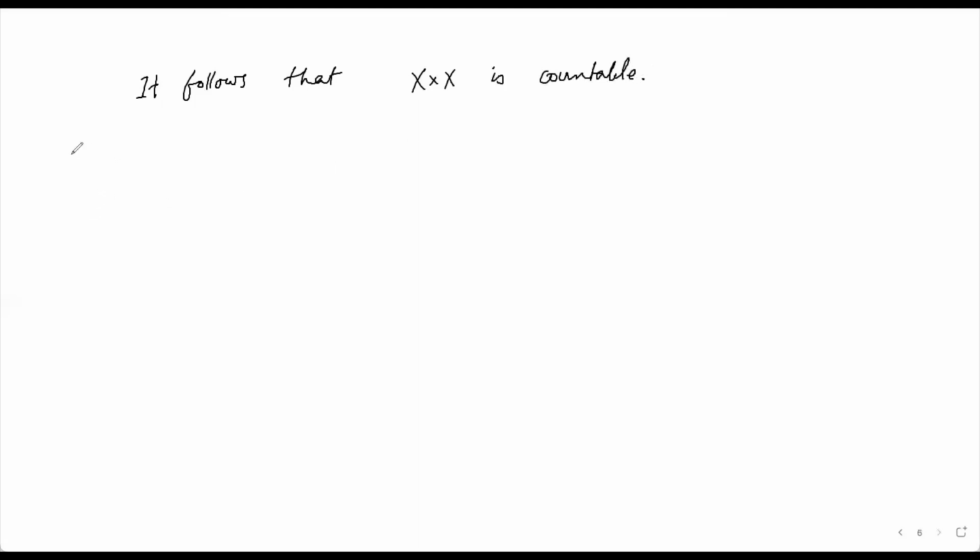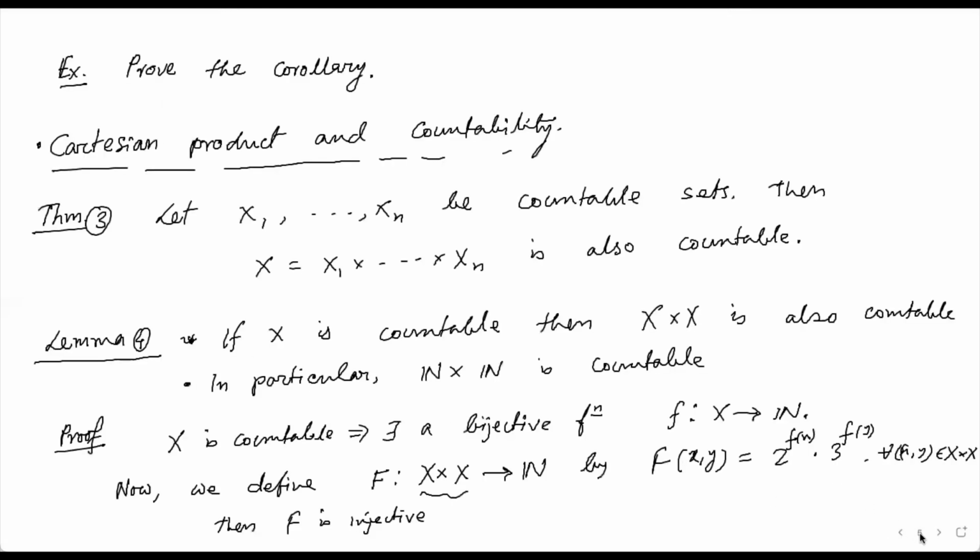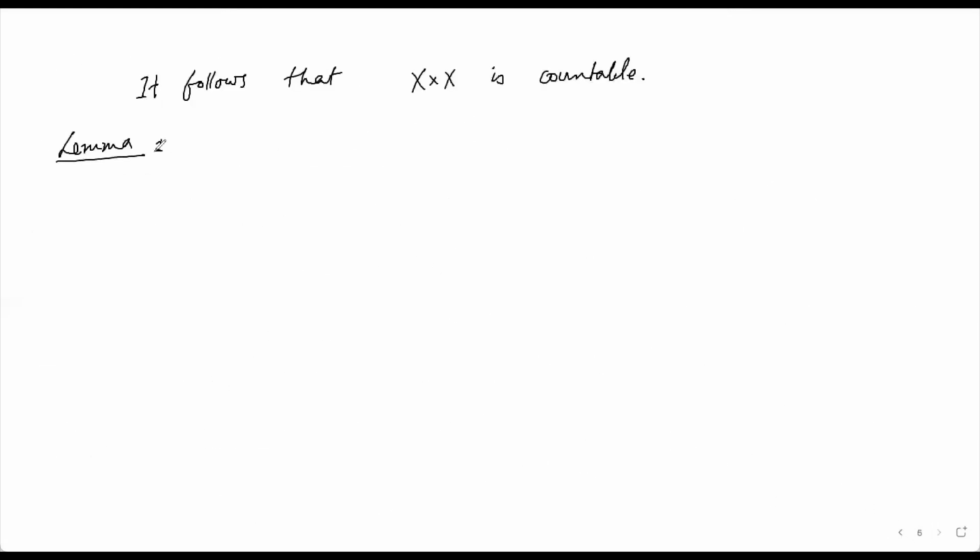Okay, now we prove our second lemma, lemma 5. If X and Y are countable, then the Cartesian product X cross Y is also countable.